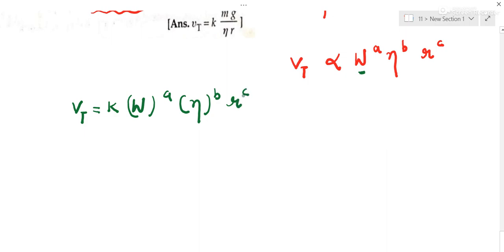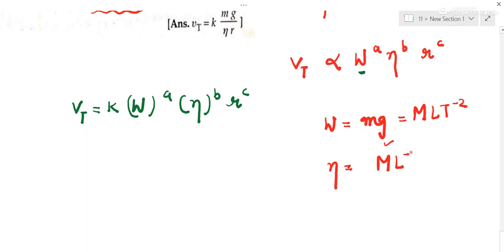Now let us discuss the dimensional formulas of these quantities. Weight is mg, where m is M and g is L T minus 2. Eta is coefficient of viscosity. We have seen in the previous video its dimensions are M L minus 1 T minus 1.